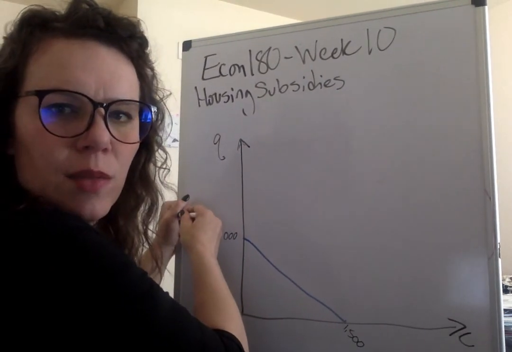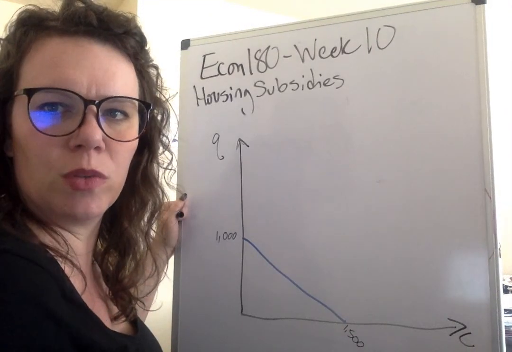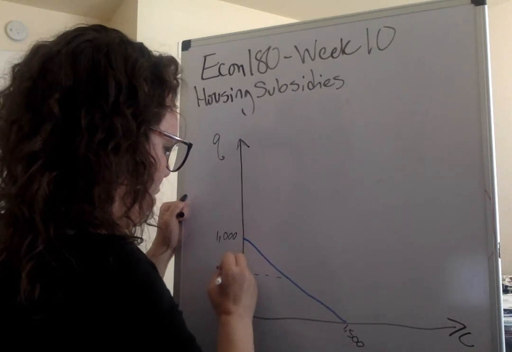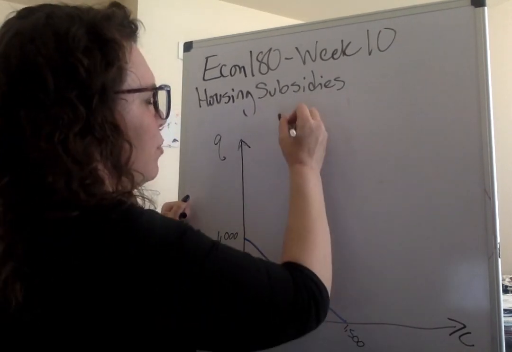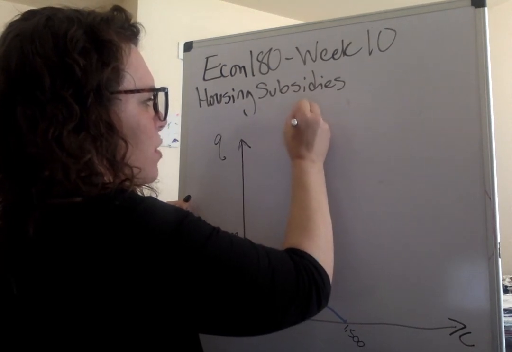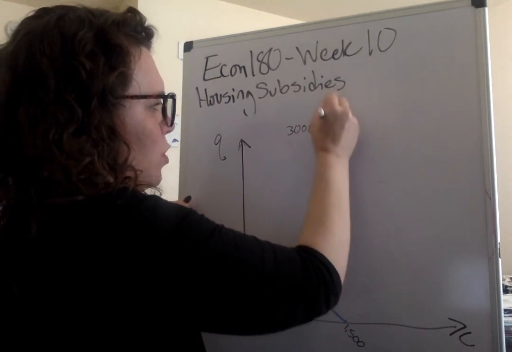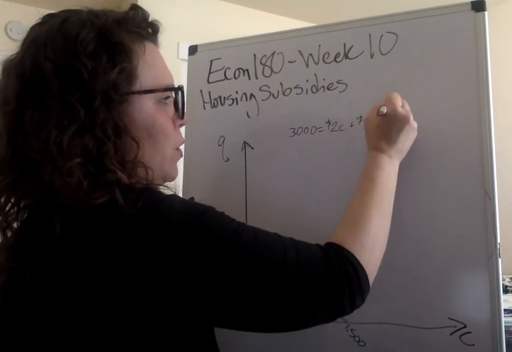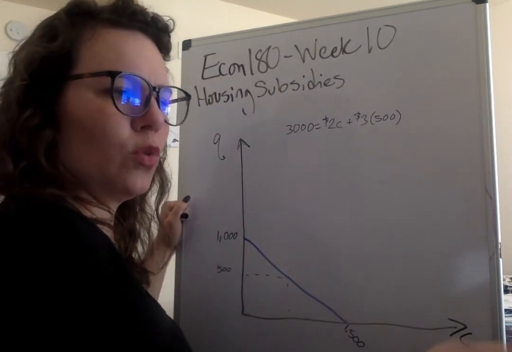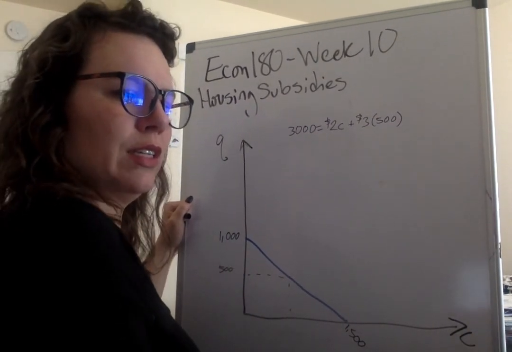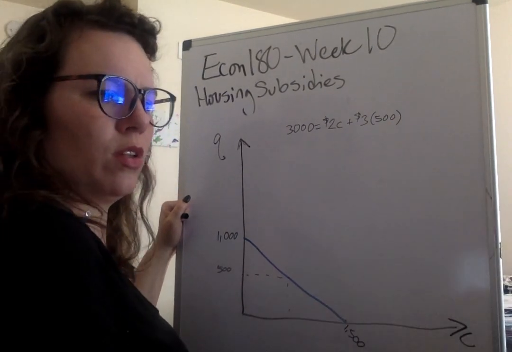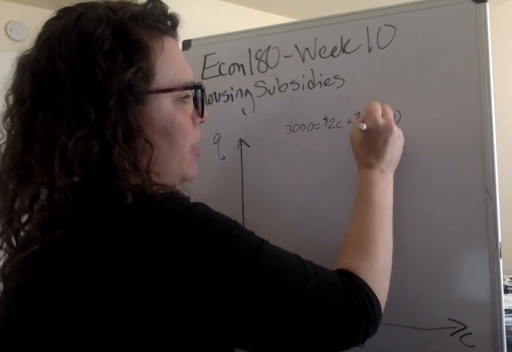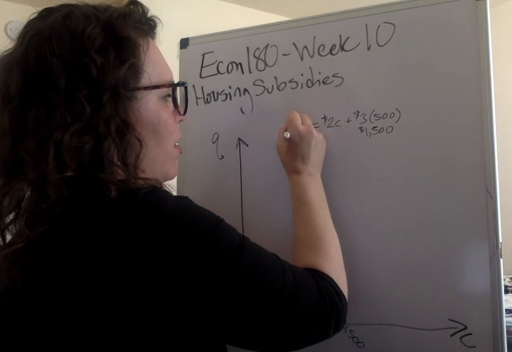And then in the problem, I say if Q equals 500, how much C is consumed? So that's going to be right here, right? And that should be pretty simple. If our budget constraint is $3,000, it equals $2 for every unit of C plus $3 for every unit of Q, and we're going to consume 500 units of Q, then you just solve for your value of C. So 3 times 500 is $1,500, which is how much we're going to spend on housing out of our $3,000.